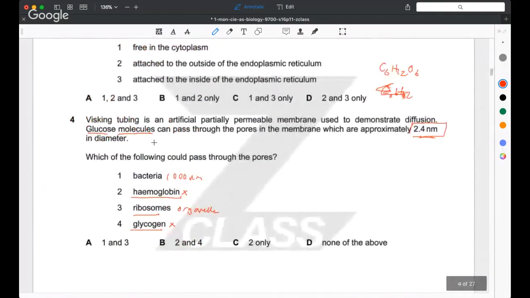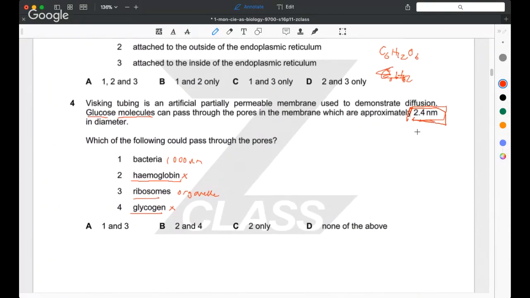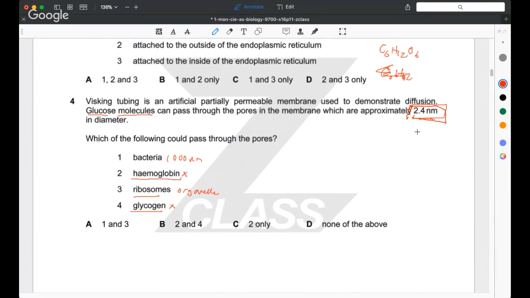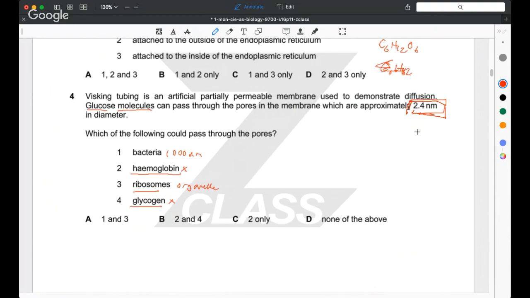So much, much larger than what can fit through these pores in the membrane. Okay, so this is just really a check of your understanding of the relative sizes of these chemical and biochemical and biological entities, and all of those are going to be much too large to fit through the size of the pores in the partially permeable membrane.